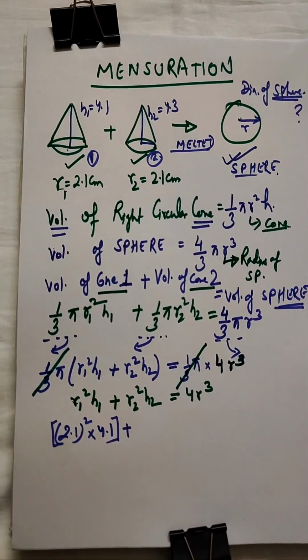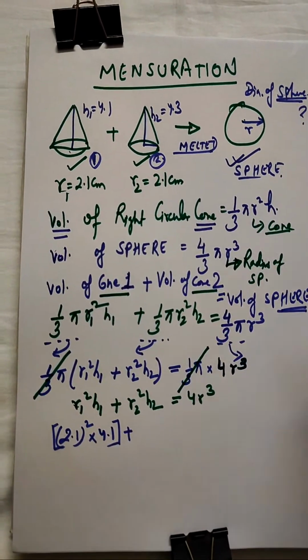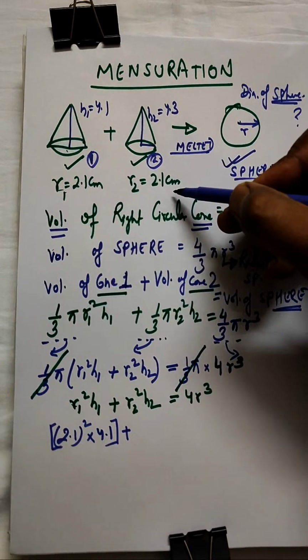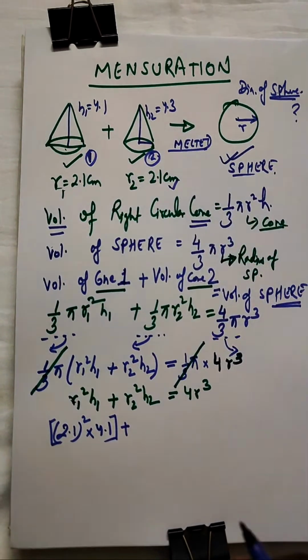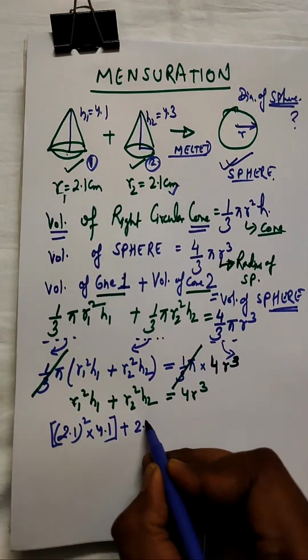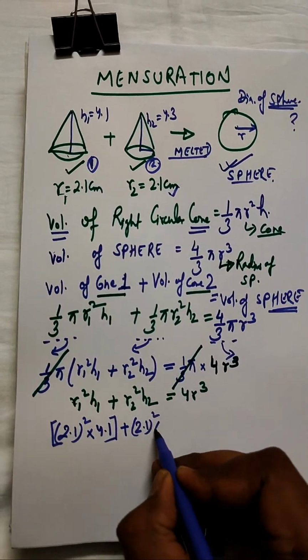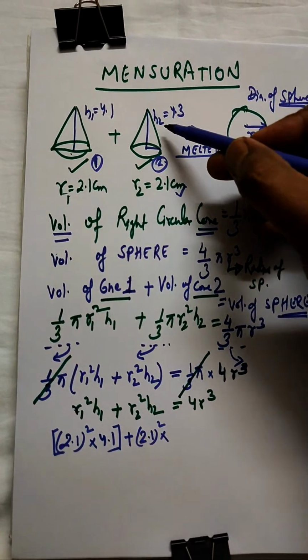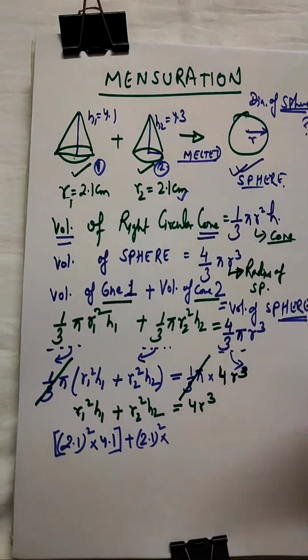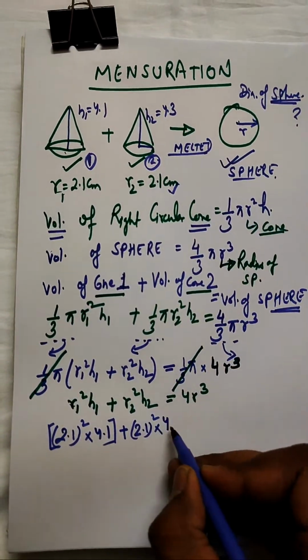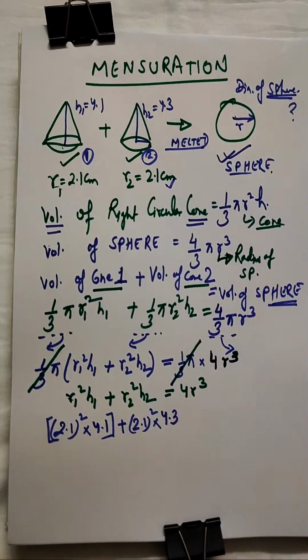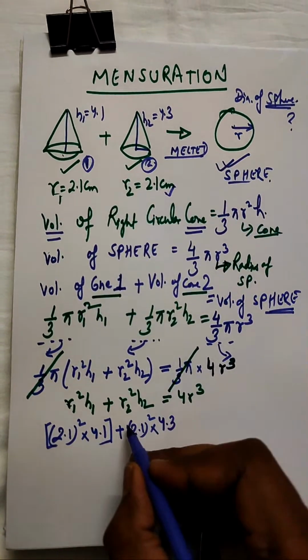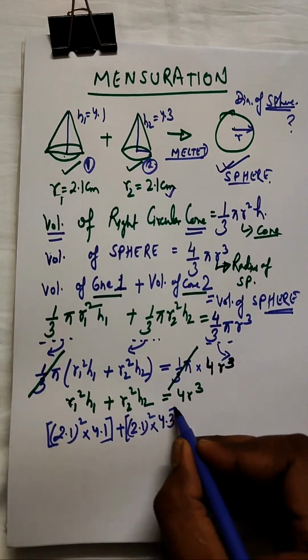What is the value of r2 square h2? You can see r2 is 2.1 over here. So 2.1 square into h2. What is the value of h2? h2 is 4.3, right?